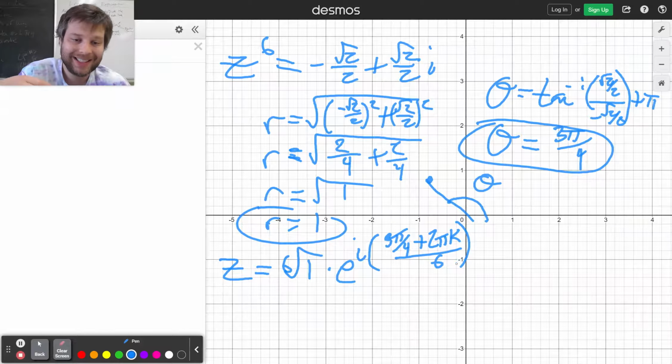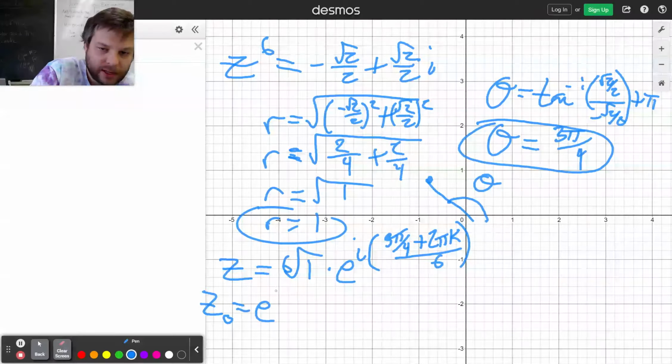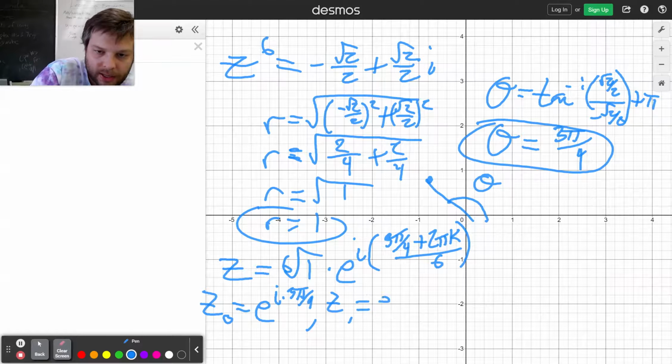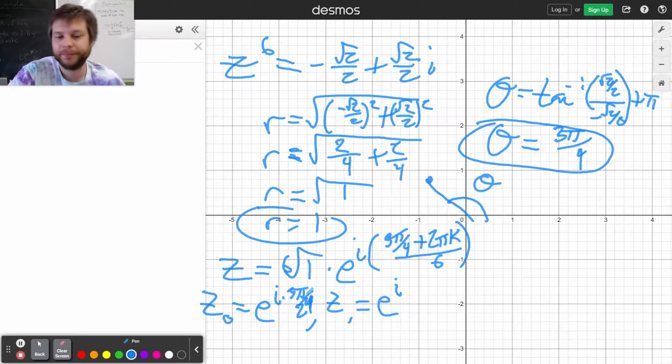And if I wanted to explicitly write those, I would just go through the 6 values of k, starting with 0 and ending with 5. So z0 would just be e to the i times 3 pi over 4. Z1 would just be e to the i. I'm sorry, did I say 3 pi over 4? I should have divided by 6, so 3 pi over 24.